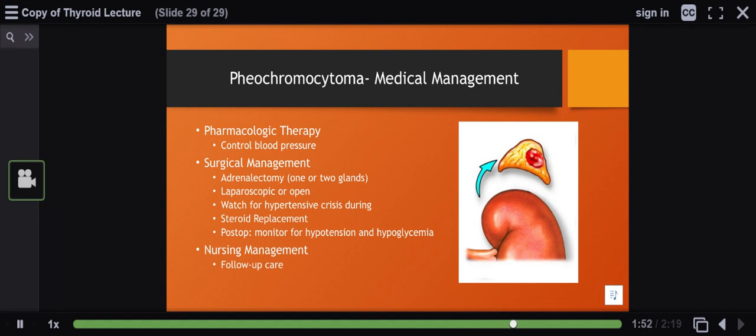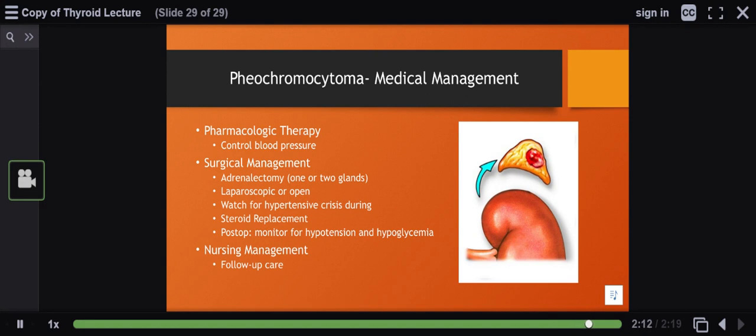As far as nursing management, we'd want to educate the client on steroids and all the precautions of steroid therapy if they were to go home on them, especially educating them to not stop the steroids abruptly. They would have to taper off them.